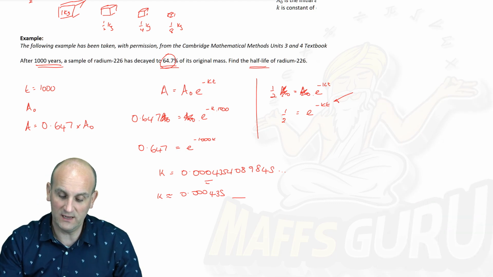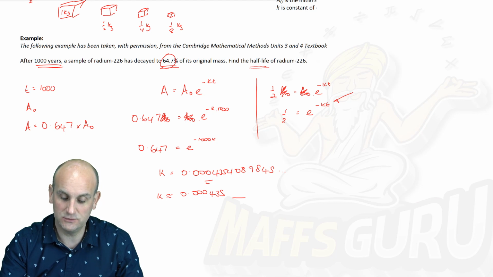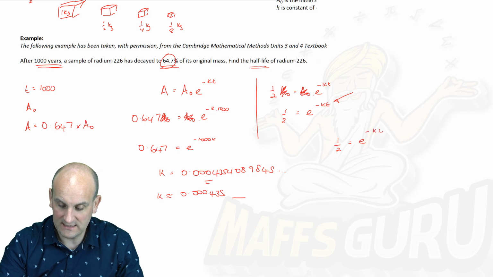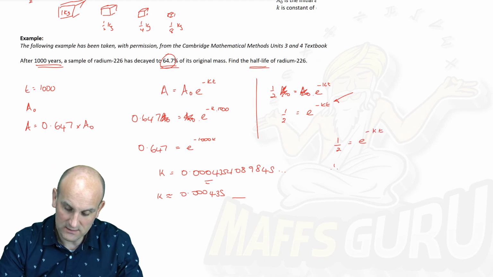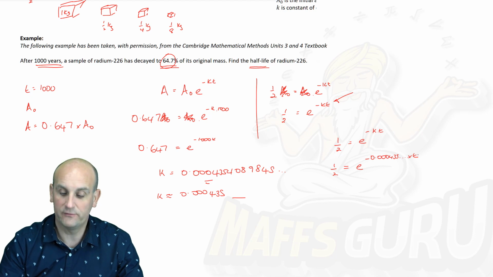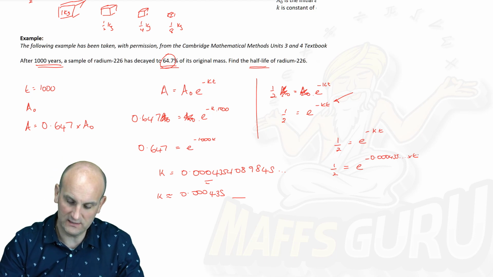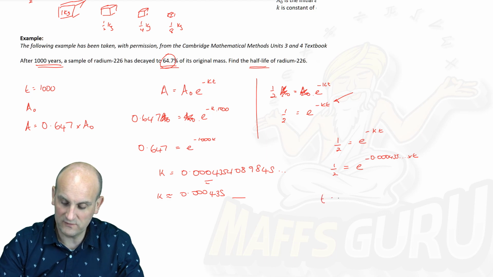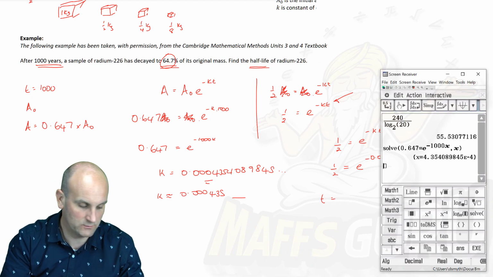Having found the value of k, I can now return to the second half of my question. I've got a half is equal to e to the minus kt. I know what k is, so a half is equal to e to the minus 0.000435... times t, and I solve for my value of t. Let's fire up my calculator one more time.